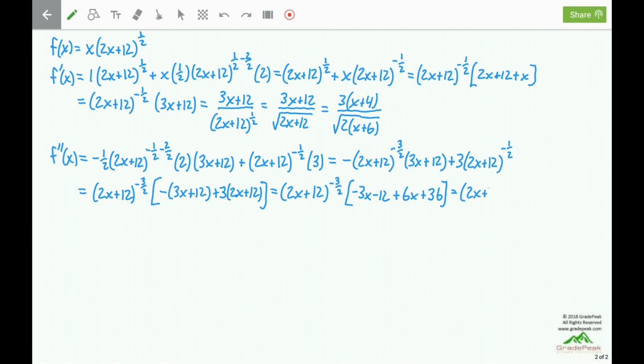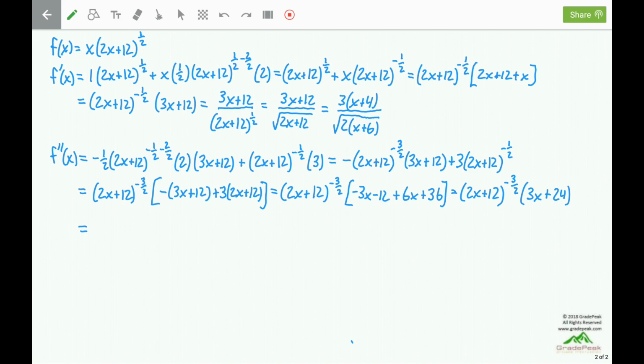So we have 2x plus 12 to the negative 3/2 power. We can combine like terms together inside of the square brackets. I'll write it as parentheses now. A negative 3x plus a 6x will be a 3x. A negative 12 plus a 36 will be a positive 24.